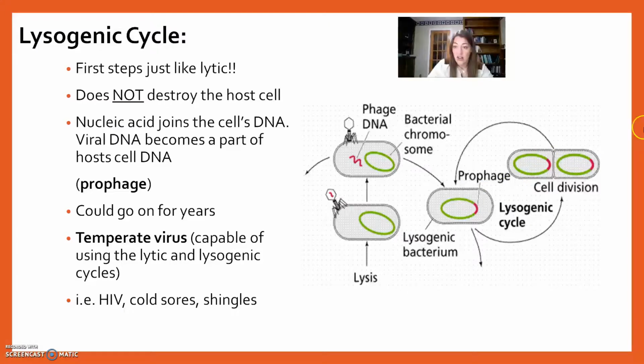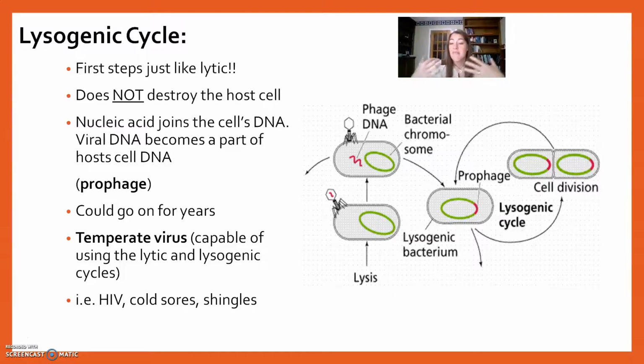And you can see that that cell can reproduce and make more cells, more bacterium. Now these new bacterial cells actually have bits of the replicated viral DNA. So you can have one bacteria cell that, once it replicates, you're going to have hundreds, thousands, depending on how long the viral DNA is dormant before it actually is replicated.